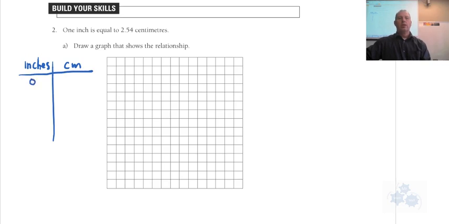So 0 inches is equal to 0 centimeters. You always want to check to make sure that makes sense, because now you know it's a direct relationship. Perfect. Every inch will be 2.54 centimeters, so you can just keep going like this. That's going to be 5.08.